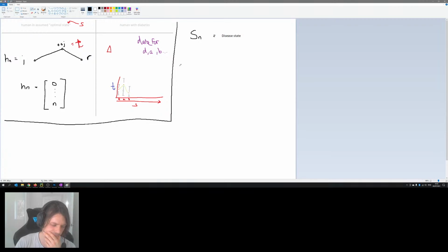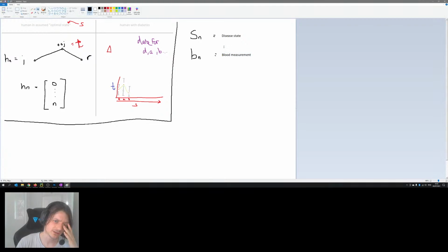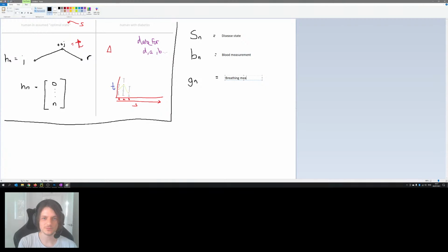And then you've got blood state, blood measurement. Now this is good because blood has a lot of things you can measure. And then you've got breathing. Let's call this gassy. Breathing measurement.